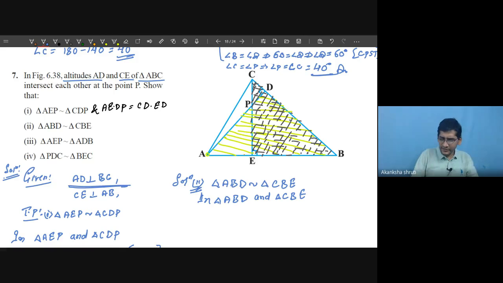Now, in triangle ABD and CBE, what could have the same value? Observe carefully. Student, here this one triangle is up to the yellow mark only. The other triangle is up to the black mark. So students, we shall understand this carefully. Let me just clear this area for your understanding.